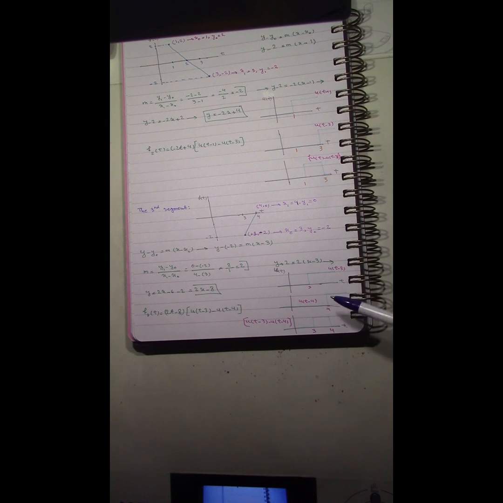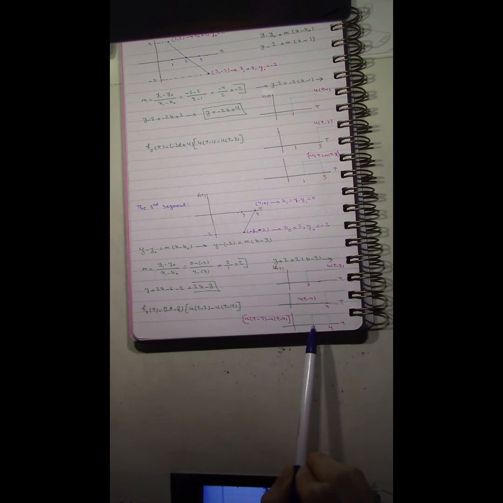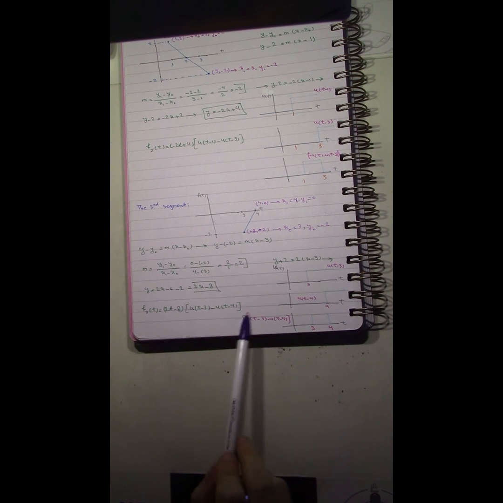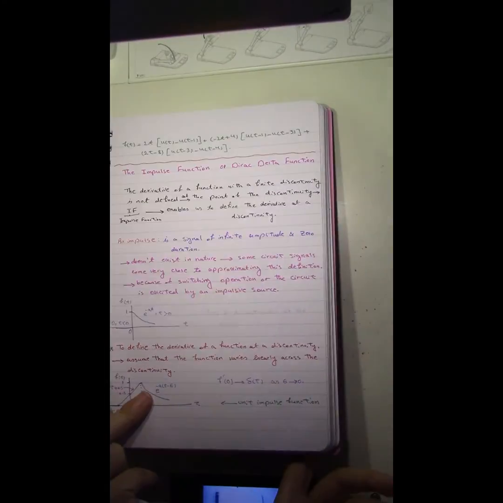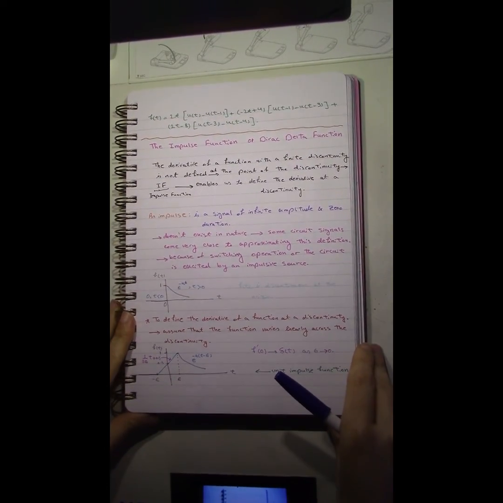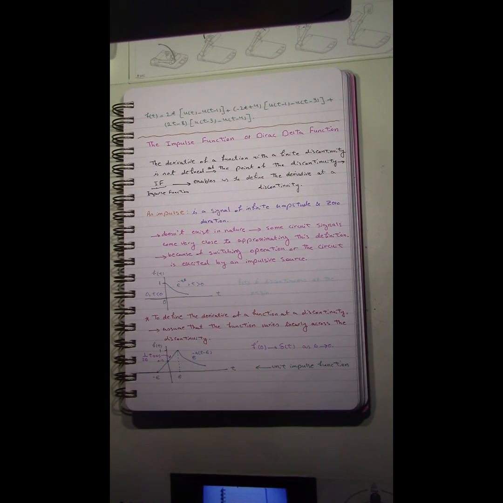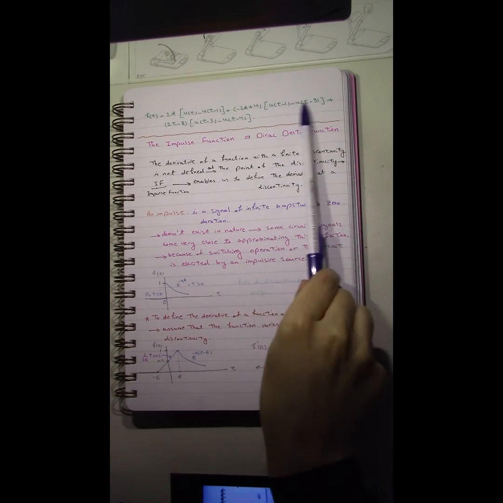Subtract them, and you will get this new step function. If you multiply this one by this, you will get this part. So the final function is the summation of those 3 segments, because the segment before 0 is 0 and after 4 is 0.